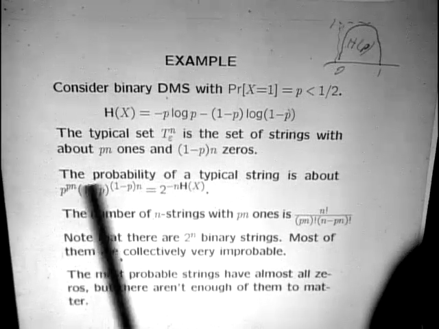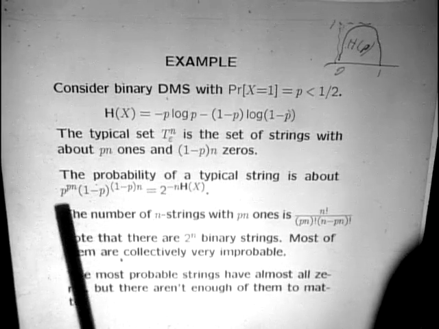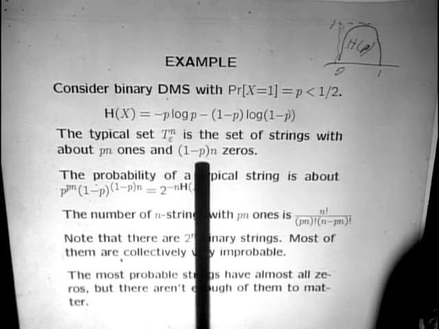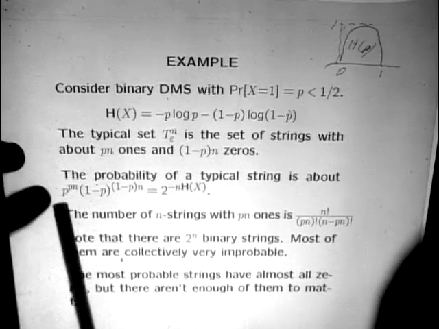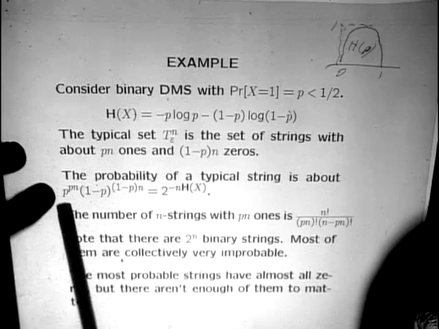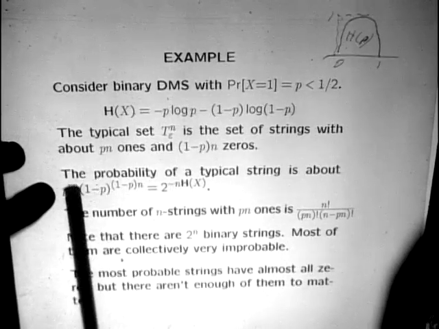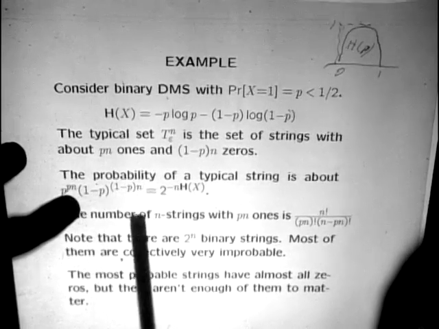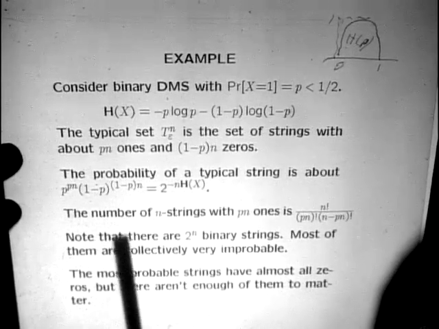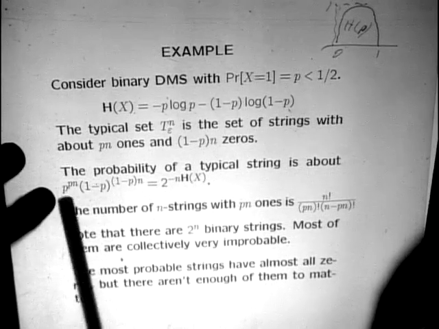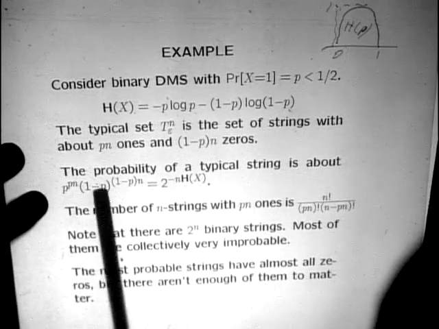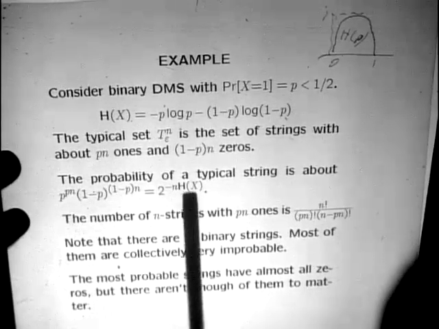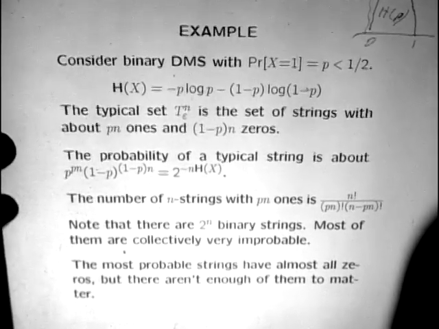The probability of a typical string is, if you get a string with this many 1s and this many zeros, its probability is p, namely the probability of a 1, to the power of the number of 1s you get, which is pn, times the probability of a 0 to the power of the number of zeros you get. And if you look at what this is, if you take p up in the exponent and 1 minus p up in the exponent, this becomes 2 to the minus n times h of x, just like what it should be.